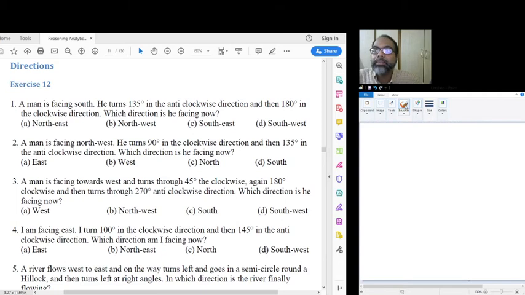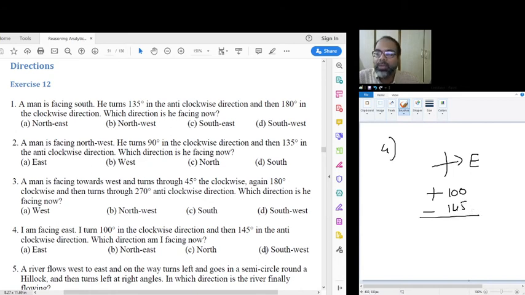Now all the examples that we have seen so far are talking about clockwise and anti-clockwise in multiples of 45: 45, 90, 135, 180, 225, 270 and so on. But what if it is given in some other measure? So in the fourth example, it says he's facing east. Then clockwise 100, anti-clockwise 145.